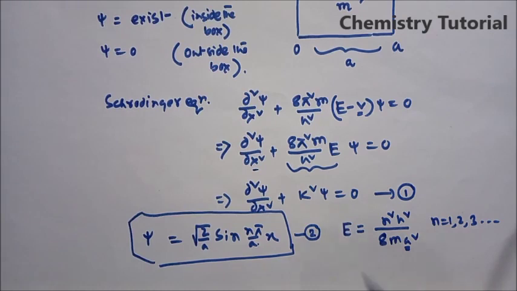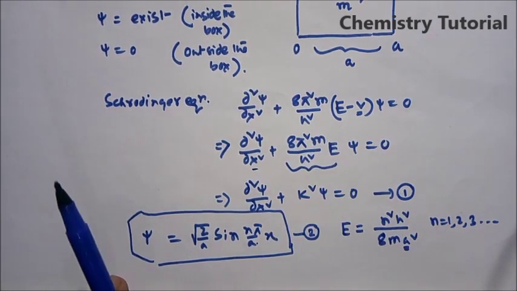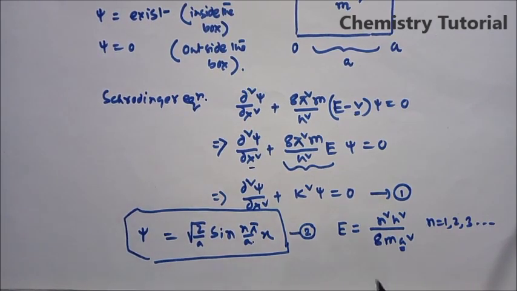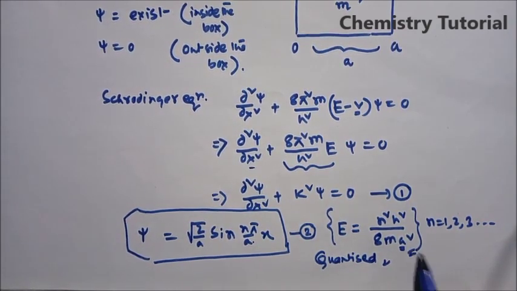From this energy expression we can easily say that the energy of this particle is quantized, whereas in classical mechanics we get a continuous energy value, that is, a continuous spectrum.